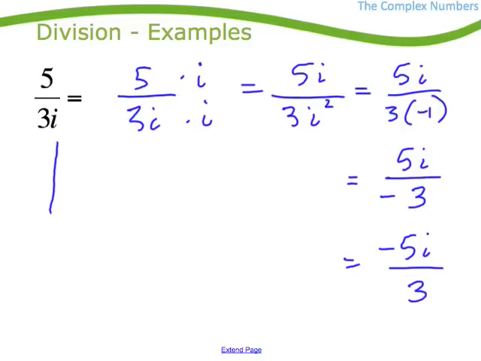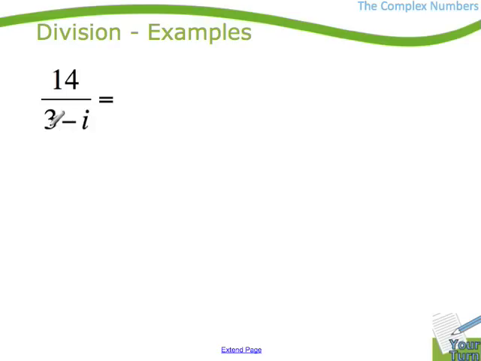Okay, so thou shalt not have an I on the bottom. Sometimes you might have a binomial on the bottom that includes an I. And similarly to what we did in radicals, what I need to do is take both the top and the bottom and multiply it by the conjugate of this.